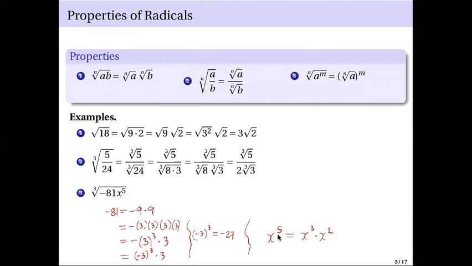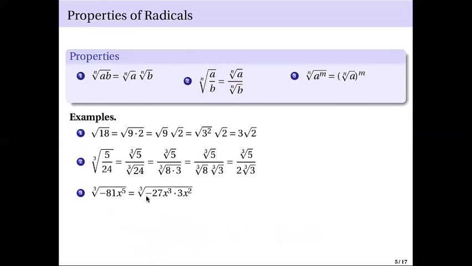You will see next that x to the 5 is decomposed into x cubed times x squared. So here, we have cube root of negative 27 x cubed times 3x squared.